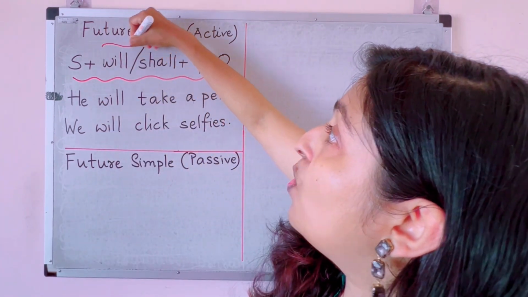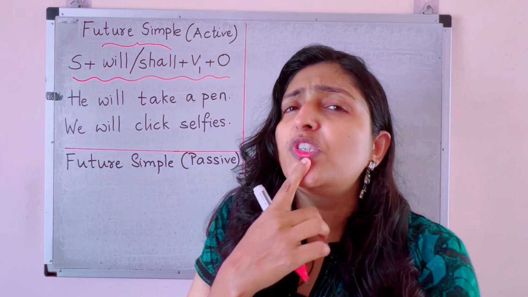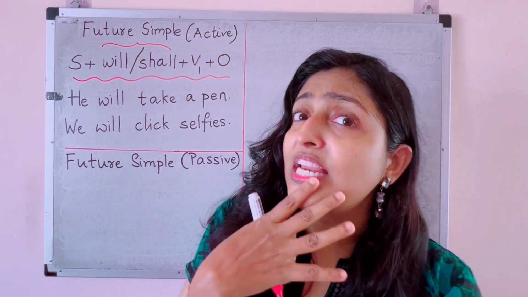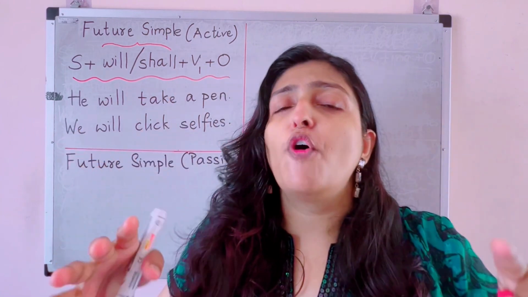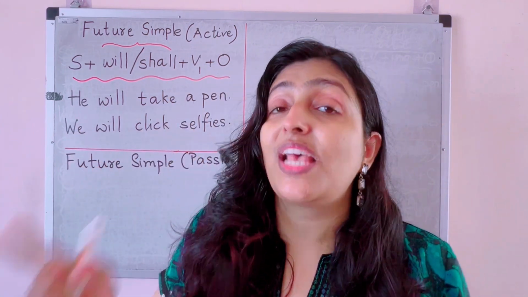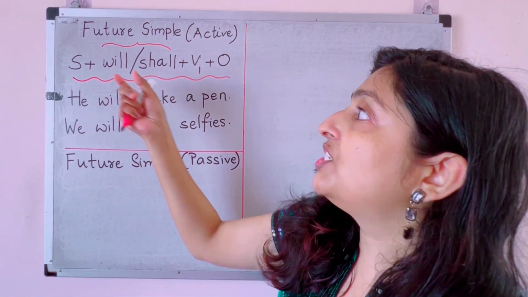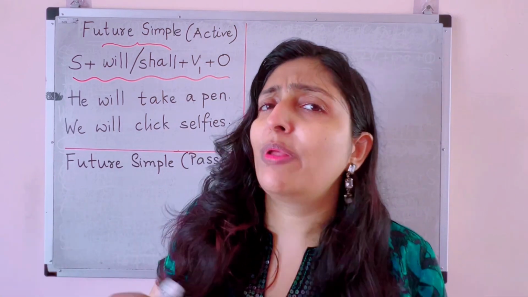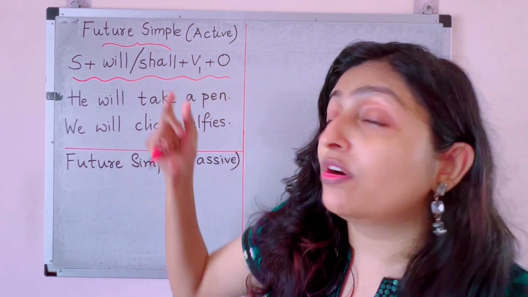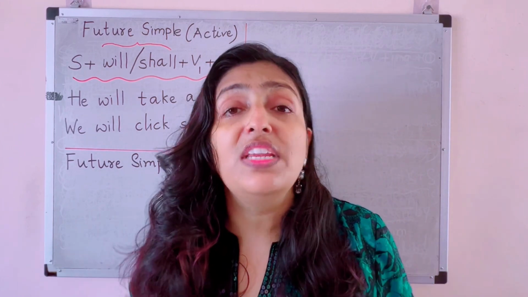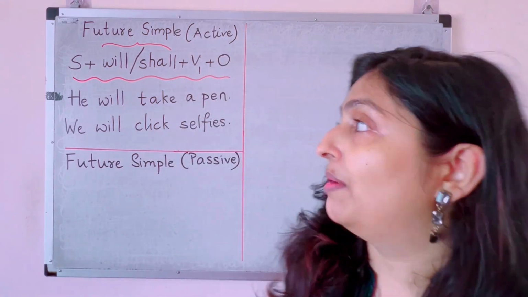So when should we use will or shall? The rule is we use shall for first person pronouns I and we, and will is most commonly used with all the other pronouns. The rule for shall is outdated. Nowadays we use only will.